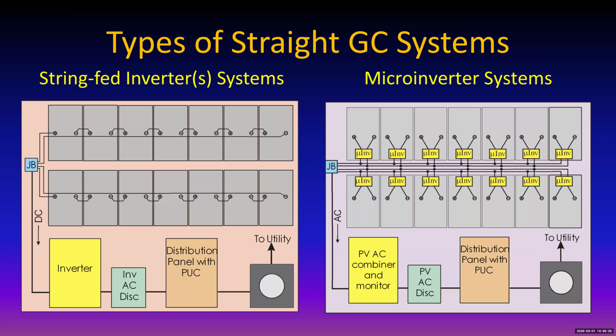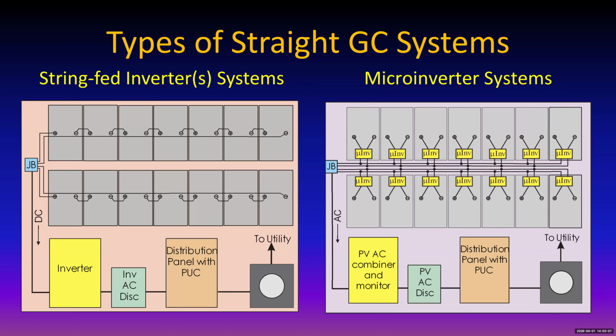Notice the way these are connected. These are connected in parallel. The microinverter has its very own maximum power point tracker. So every module, no matter whether it's shaded or otherwise, is going to put out as much possible current as it can, and its output voltage is going to be locked in at either 240 or 208 volts.